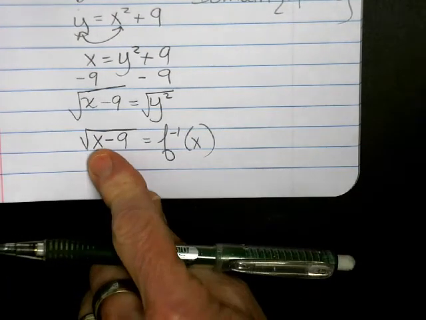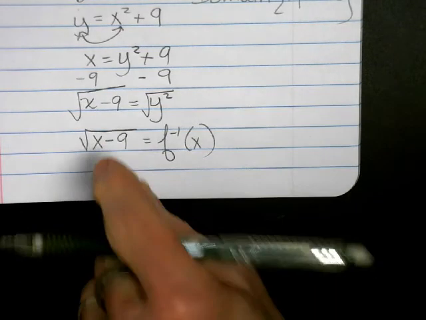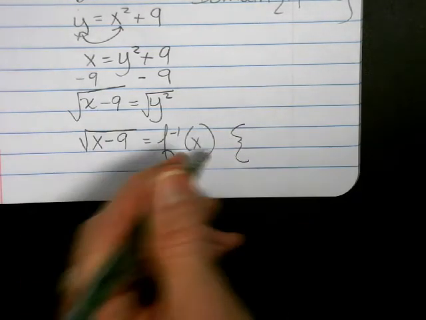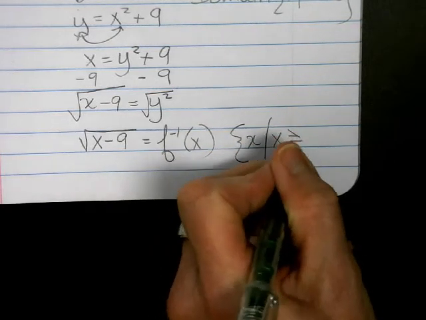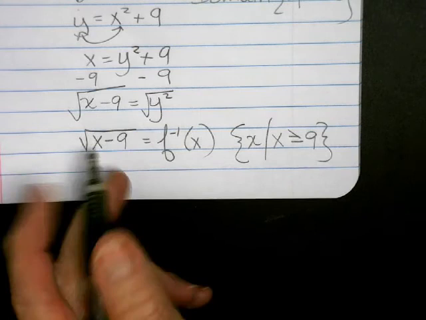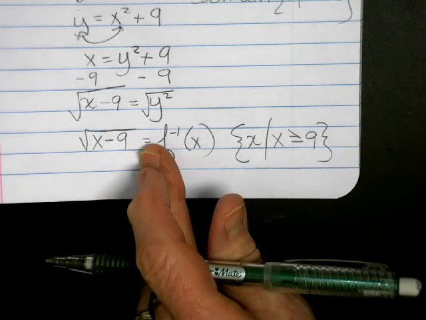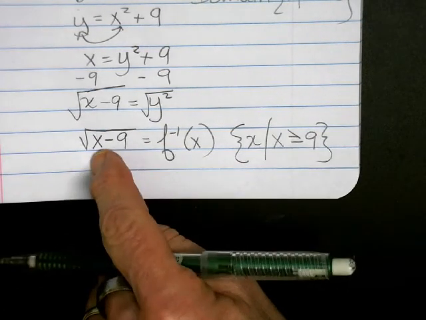So the game has changed. If x is 0, I've got myself a negative number underneath. So I have to start the domain in my inverse function so that x is greater than or equal to 9. Because 9 is what makes it 0, and any larger number then will keep it positive.